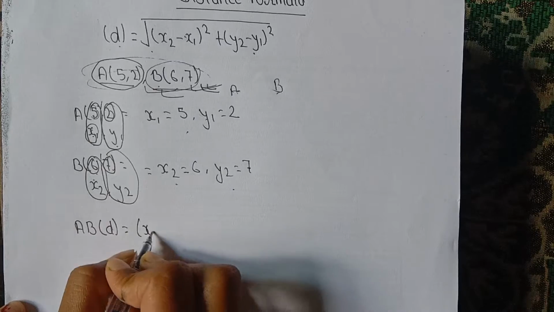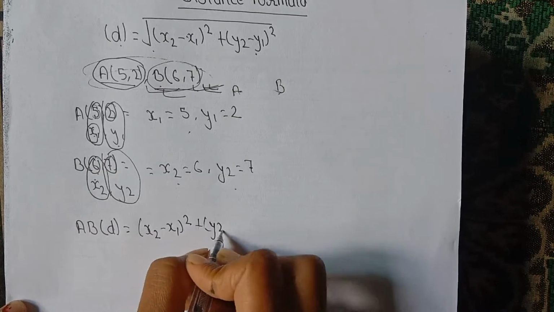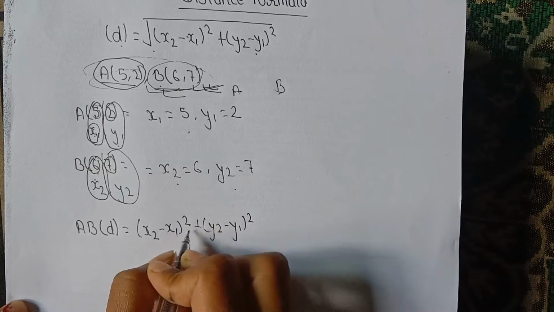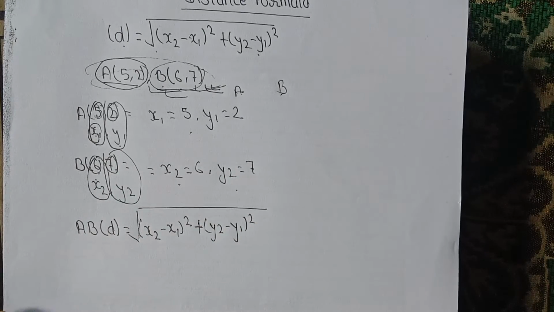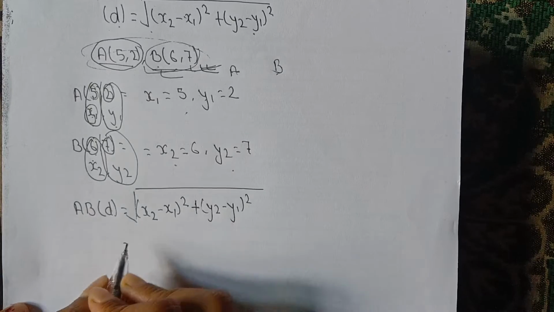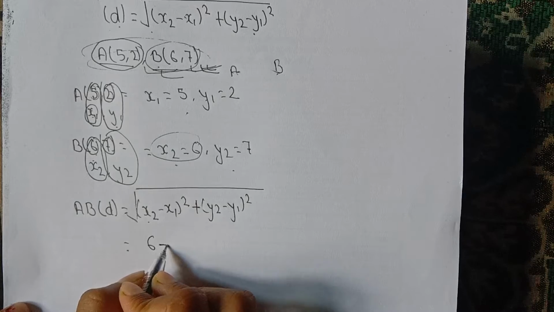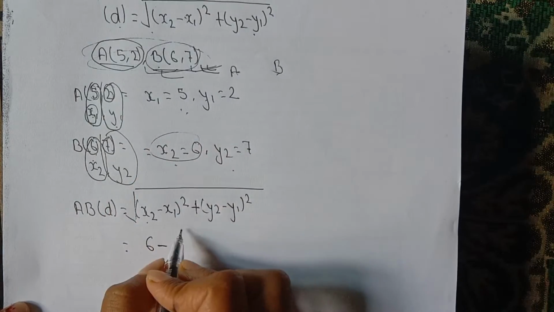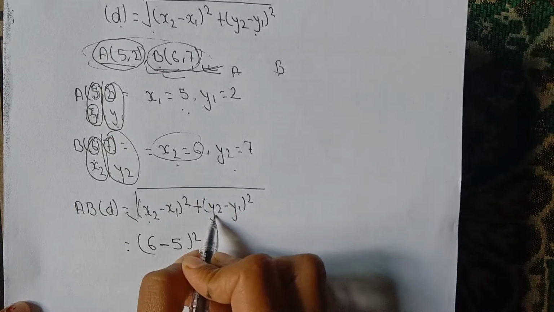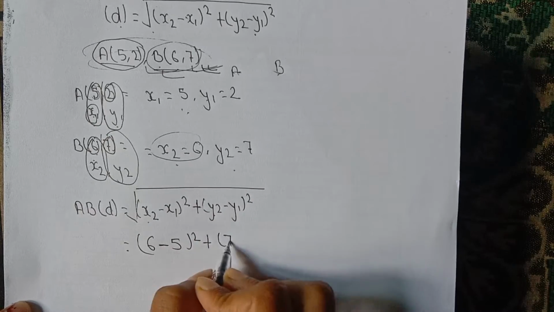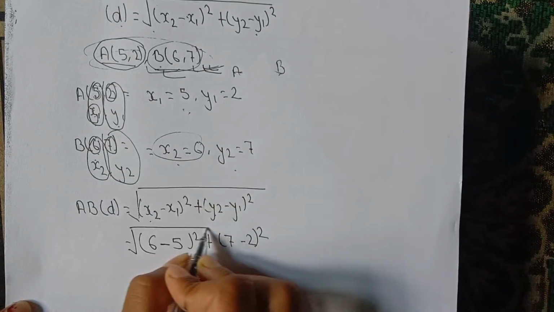So this is the distance formula. Here x2 is 6, so we write 6, and x1 is 5, so we write 5. We just put in the values, and y2 is 7 and y1 is 2, whole square, and as it is we write the root over.